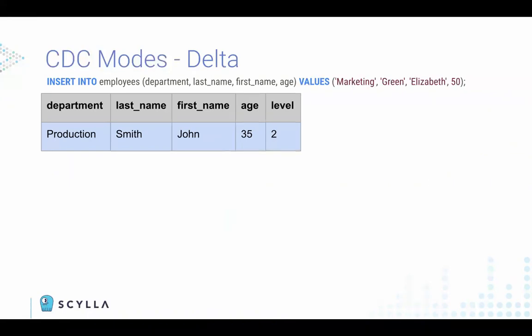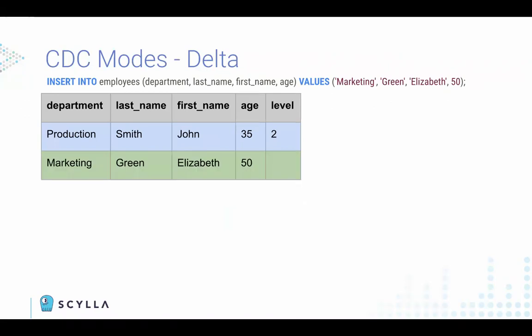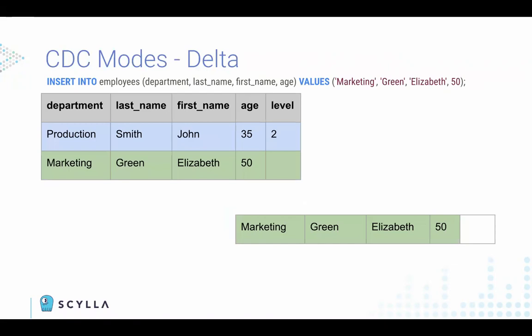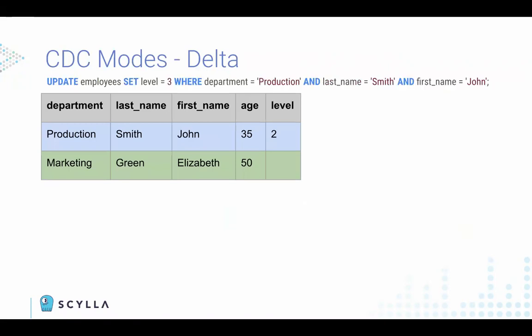If we insert another employee, this time missing the level column, we will get another row, and the delta will be this new row, but without the missing column. So no level included.